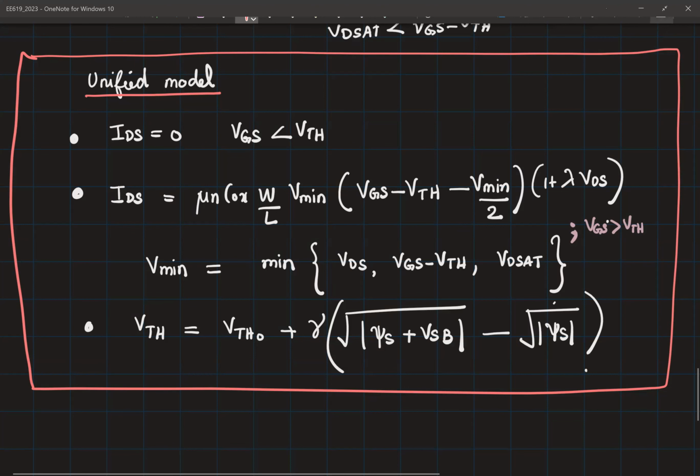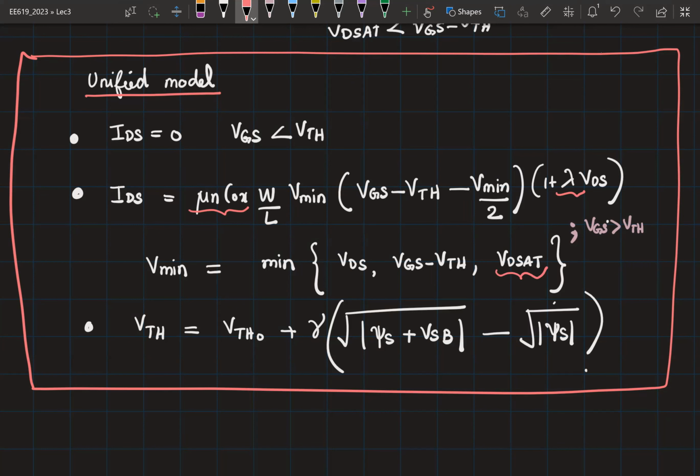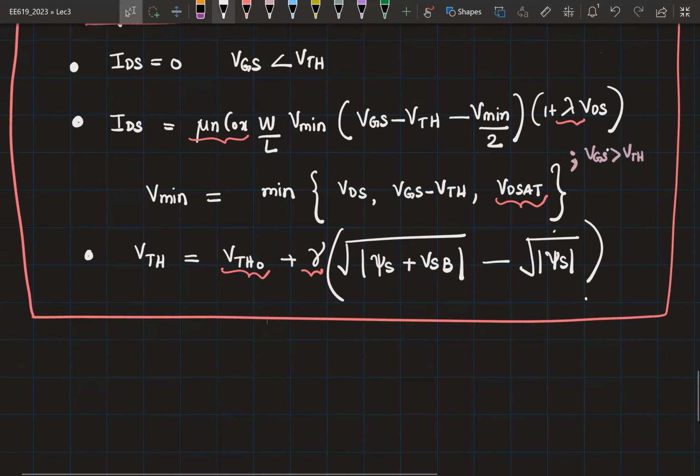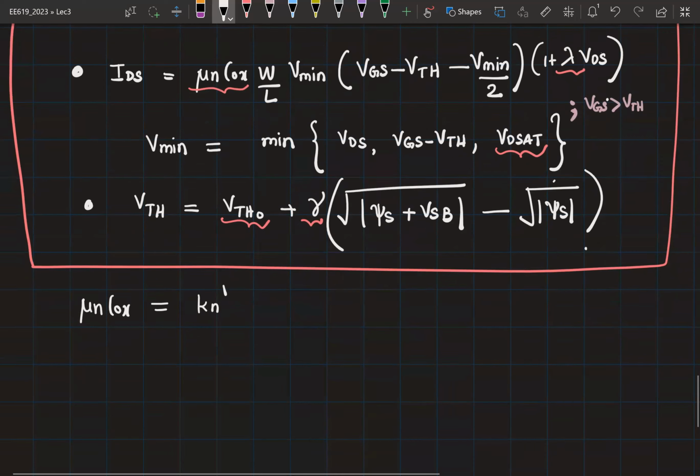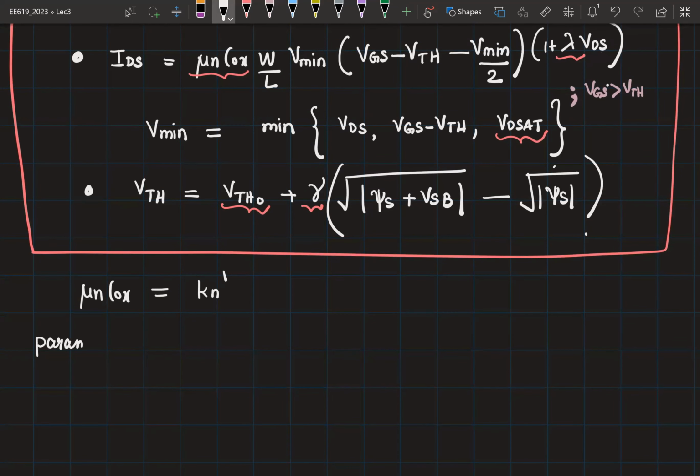Now let me identify some of the parameters. So we have mu and COX. We have lambda, this VDSAT, VTH0, and gamma. So let me write down these 5 parameters. So mu and COX, I'm going to call this Kn prime. So the parameters in this model are Kn prime, lambda, VDSAT, VTH0, and gamma.